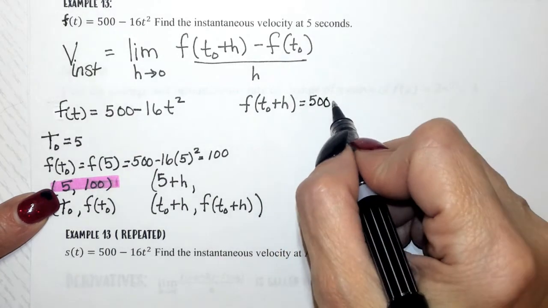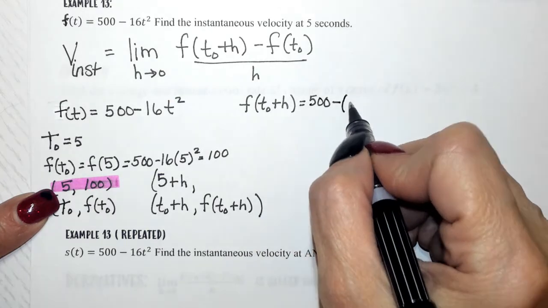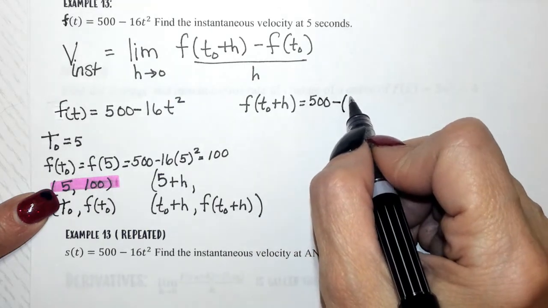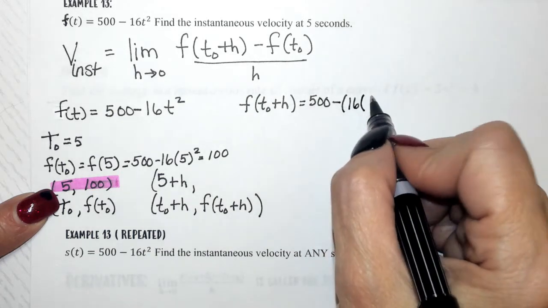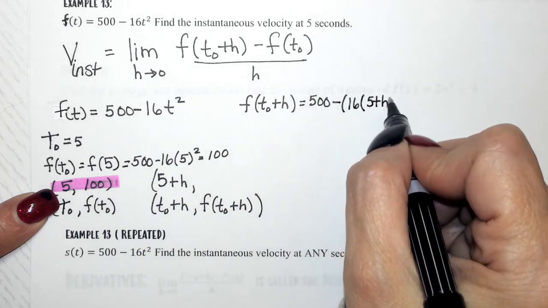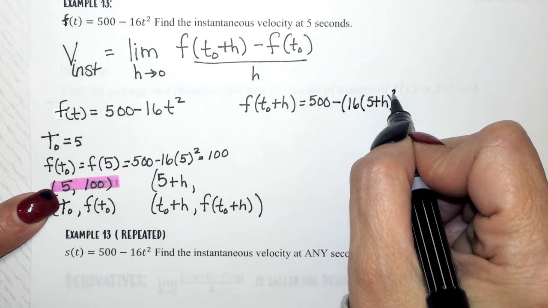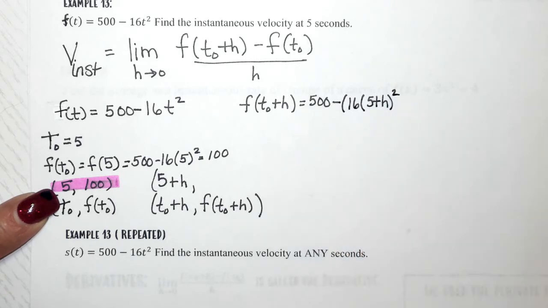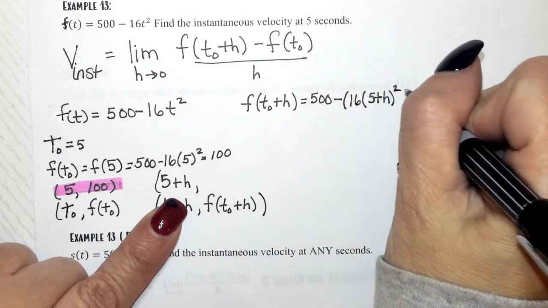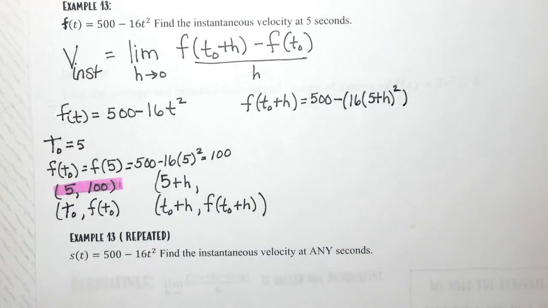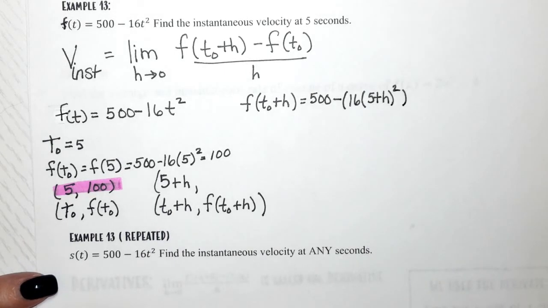500 minus, parenthesis, 16 times 5 plus h squared. Here's my x, I got to plug it into there. I need to simplify that, don't I?